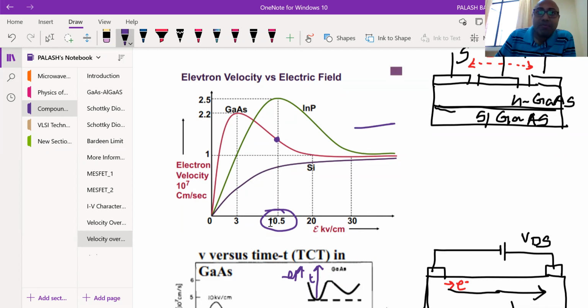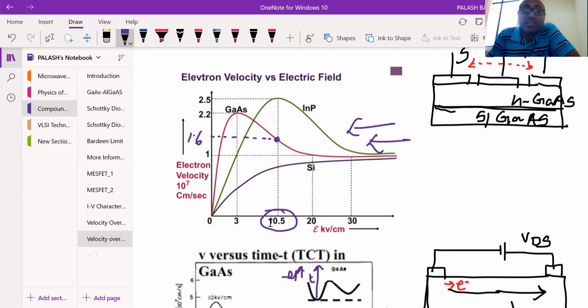So in this curve, it is a slow variation voltage plot where we are expecting my velocity to be, in between 1 and 2, around 1.6, 1.8. 1.6 into 10 to the power 7 centimeter per second at 10.5 kilovolt per centimeter.